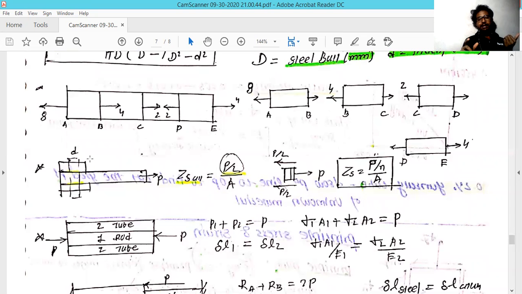Now the force at C is acting toward the right-hand direction, so it is subtracted from the left-hand force: 4 minus 2 gives 2, acting toward the left-hand direction. So the force remaining is a tensile force, in the positive left-hand direction, which shows tensile forces.